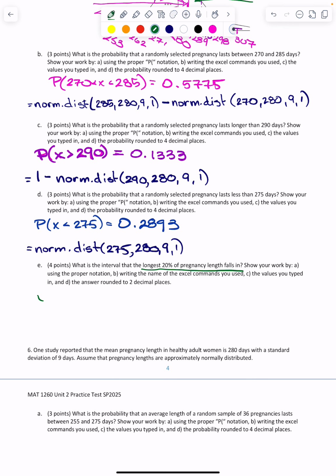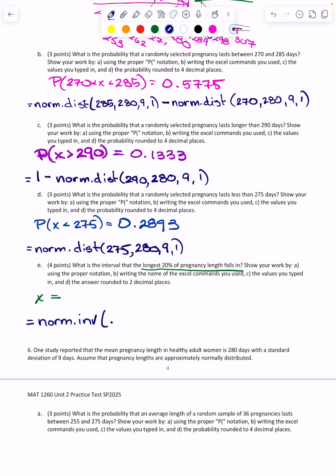Okay. I'm looking for an X value. Our Excel command is going to be norm.inverse. I'm giving a probability. I want to find a raw score. Normal distribution gives us the probability if we have values.